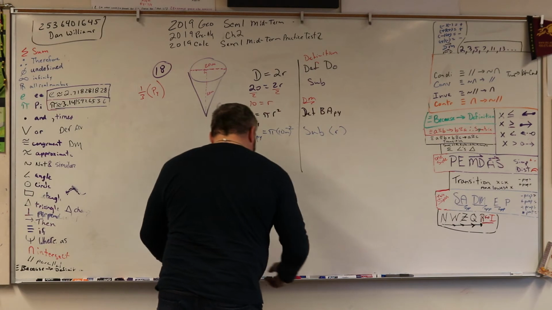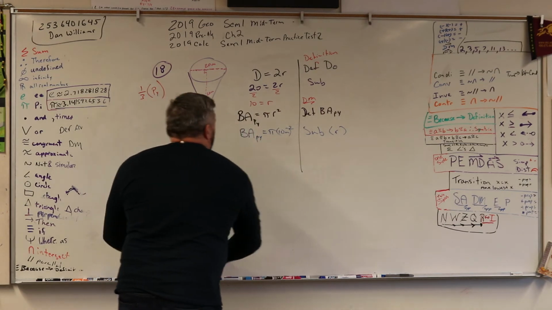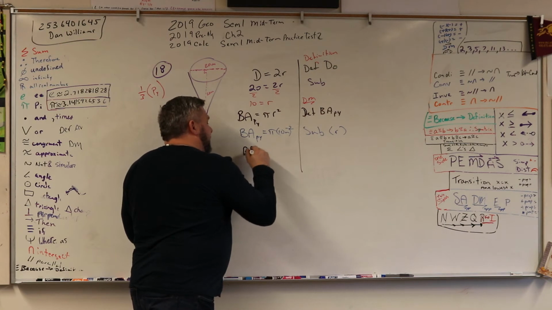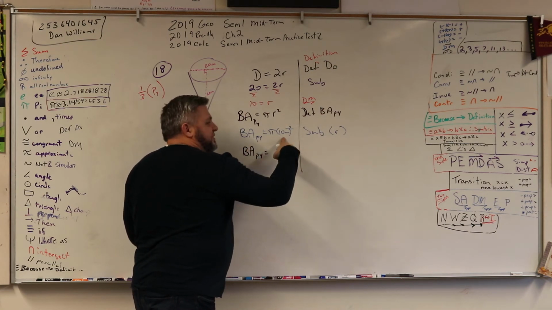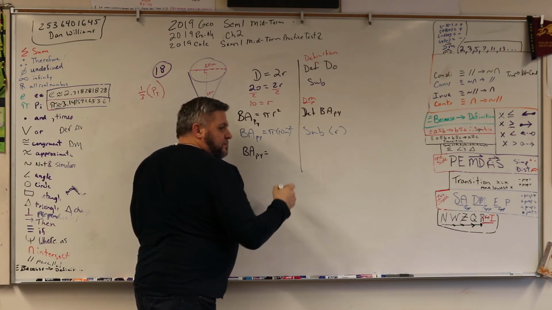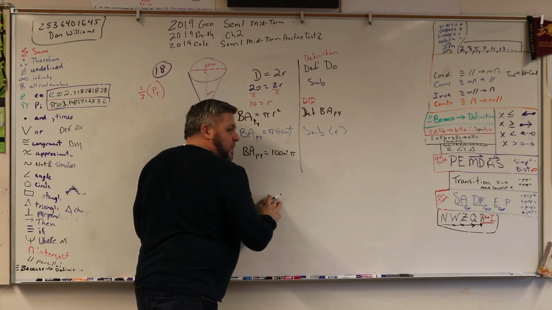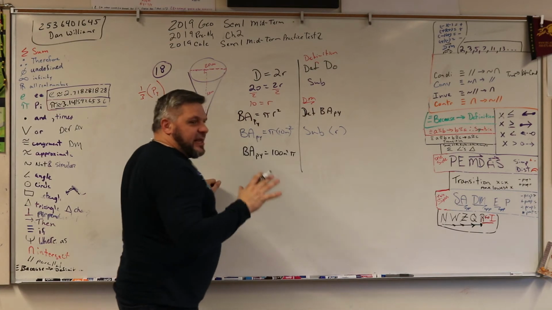Now we're able to do the math. We know that the base area of the pyramid is equal to, what's 10 squared? 10 times 10, 100. 100 m squared pi. That's your base area.